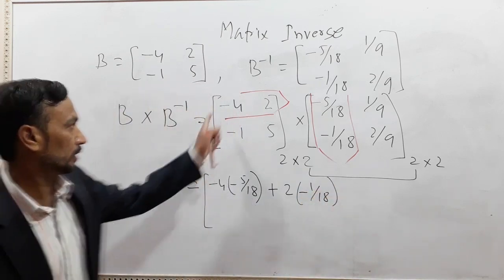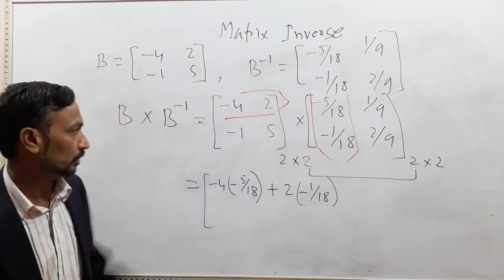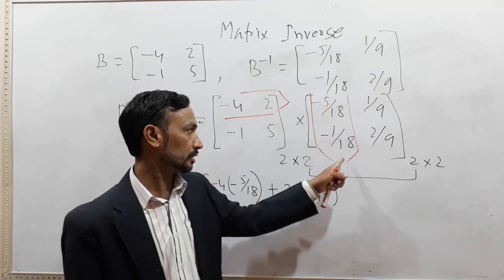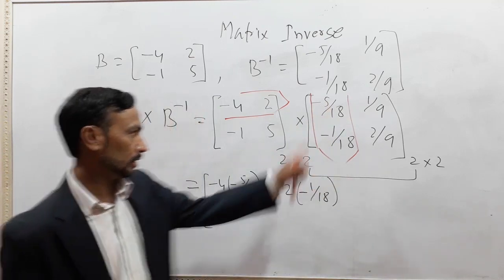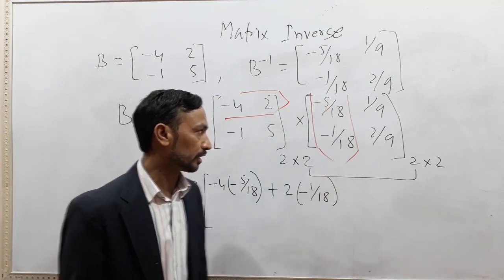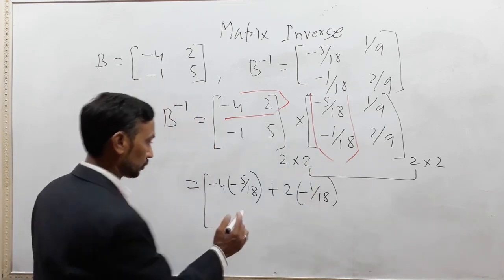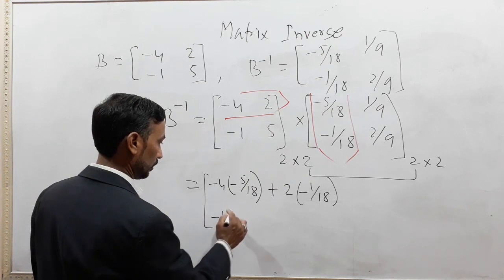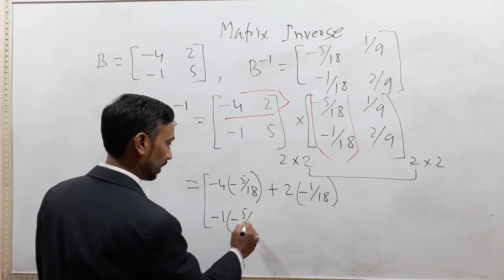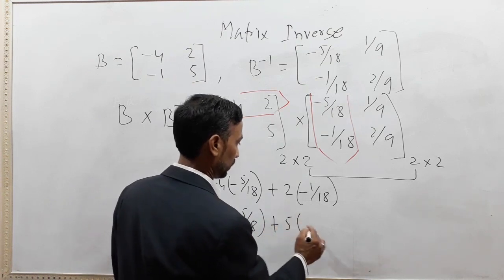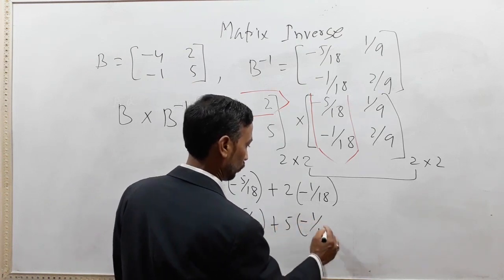Job done. Now we'll take the second row of the first matrix and do the same thing, multiplying with the first column of the second matrix. So it's going to be -1 multiplying -5/18 plus 5 multiplying -1/18.